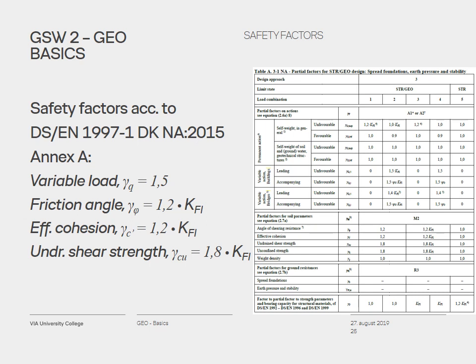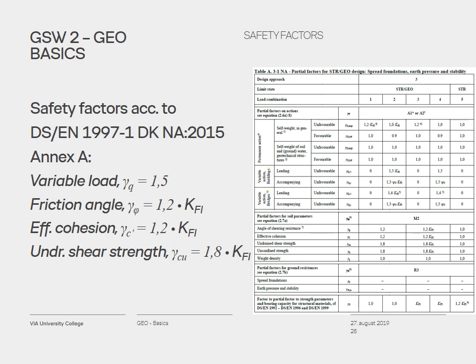And if you remember that KFI was normally 1.0, then typically the friction angle has a safety factor of 1.2. Same for effective cohesion, or C prime. The safety factor gamma C prime is 1.2 multiplied by KFI. If we use undrained shear strength, gamma CU, we have a safety factor of 1.8 multiplied by KFI.